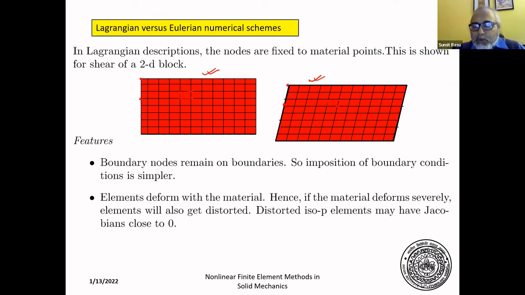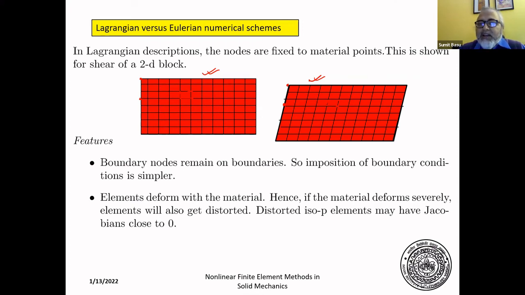The mapping may not be proper, and therefore that might prevent you from taking the simulation forward. So mesh distortion due to large deformations is one of the biggest problems in Lagrangian descriptions of finite element methods. But the advantage is that the boundaries remain boundaries all through your analysis.